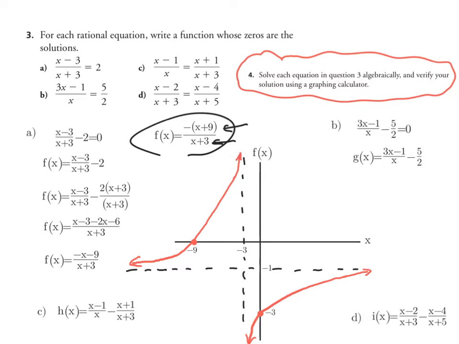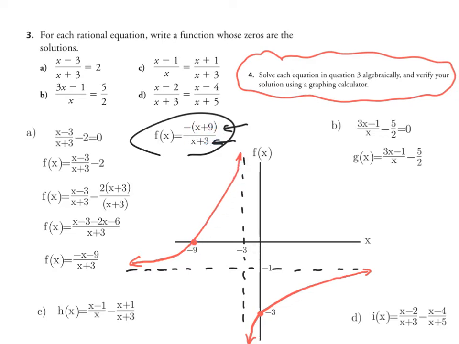We can also see when it's less than 0. Anything below the x-axis is less than 0. This is where the negatives are. And so anything to the left of -9, so between -infinity and -9, and anything to the right of -3 all the way up to infinity, that's where it's below the x-axis. That's where this is negative.